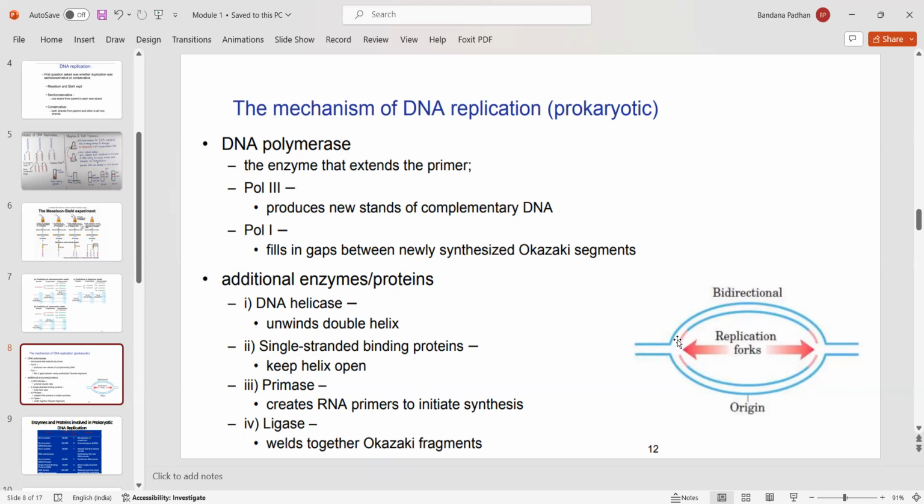So in this mechanism of DNA replication, various enzymes and proteins are involved in the prokaryotic system. What are those enzymes?